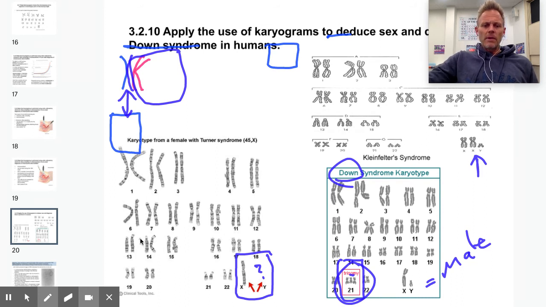Another common type of genetic disorder is when you have 3 chromosome 13s. I think this is called Patau syndrome. And that can also cause some different effects. These are all livable.